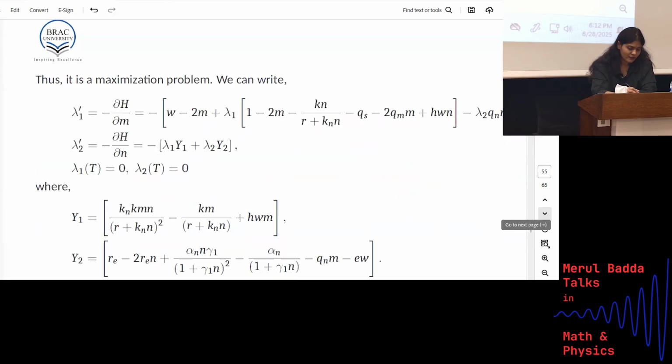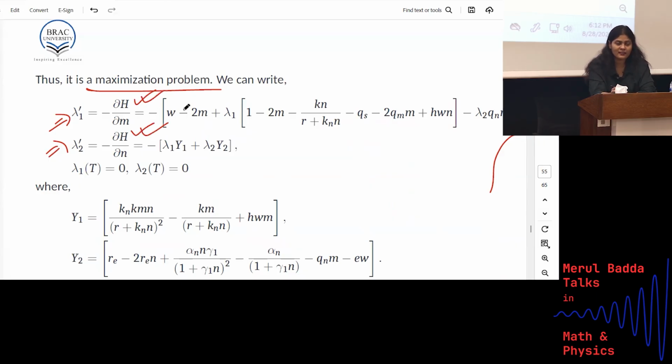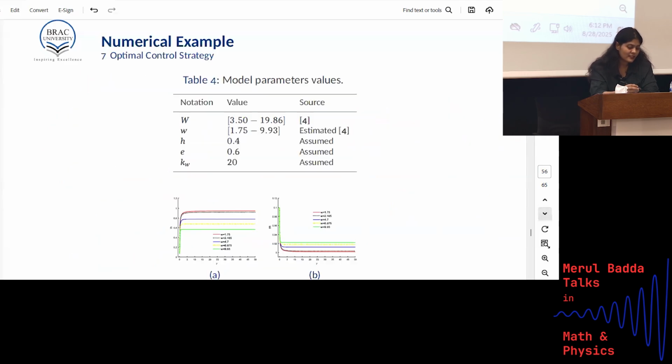So this condition is applied for the maximization problem. We can find this by the partial derivative of H with respect to M and N, then multiply by -1. This is some data which was collected from different papers, and some is assumed and some is estimated by different calculations.